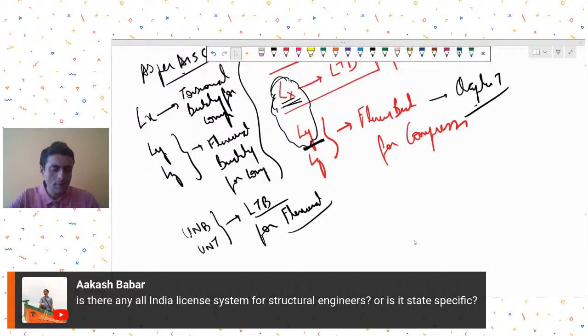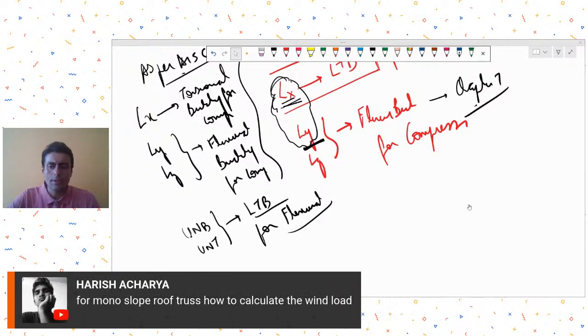So in India, this license system is not of that significance as it is for some other professions, like maybe a doctor or a lawyer. For structural engineers, this license system is not so much of any significance.